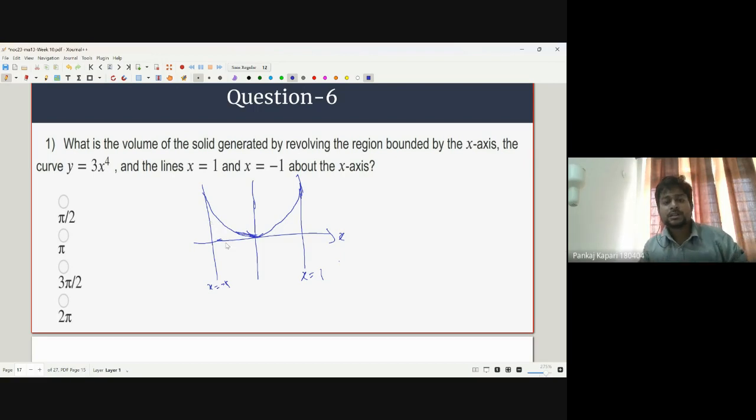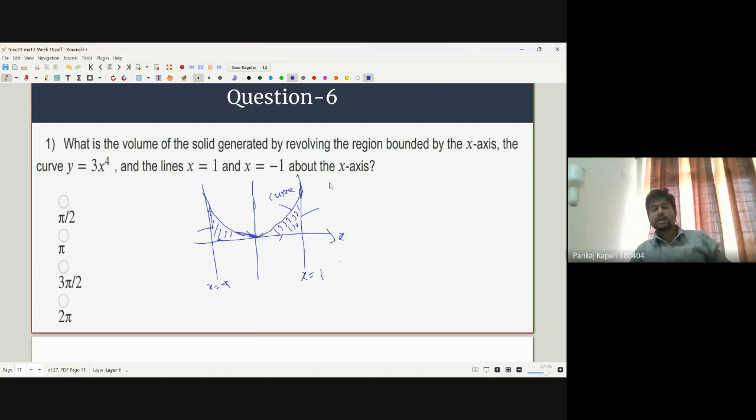So it is like this, and the region will be this inside. Because the region is bounded by the curve, then these lines, and the x-axis below. So you have to find the volume of the solid generated when you revolve this region about the x-axis.